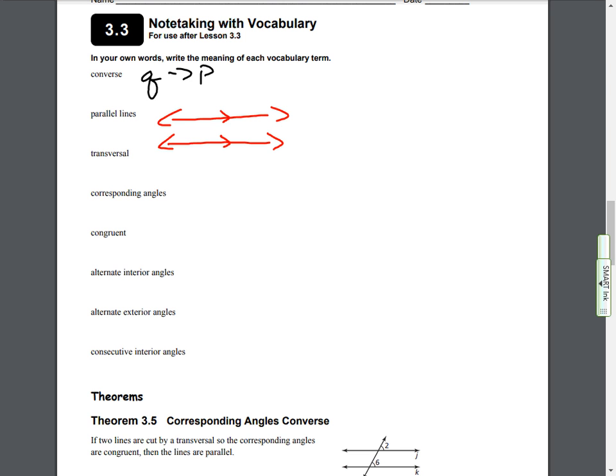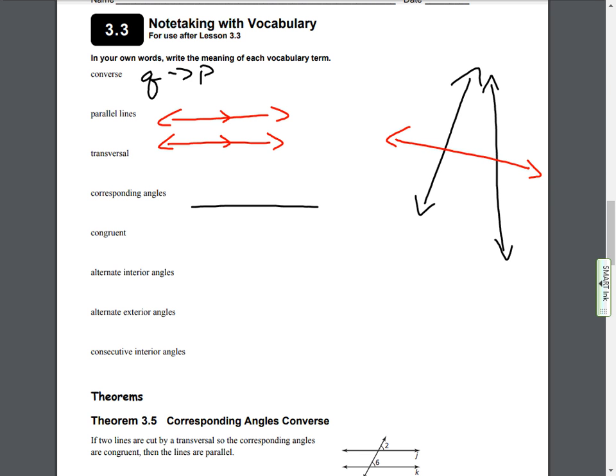The transversal is, let's say we have two lines. They don't have to be parallel. This red line I'm drawing is our transversal. The line cutting through two lines is our transversal. Corresponding angles, I'll say over here 1 and 2.